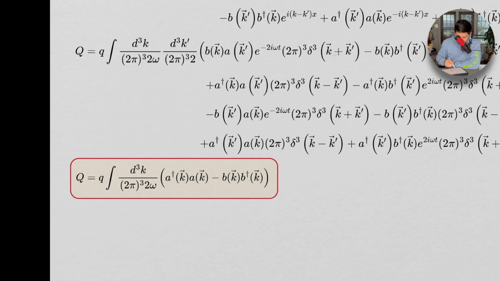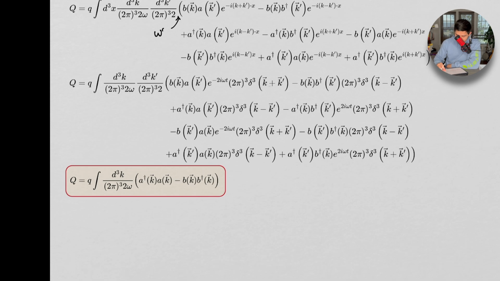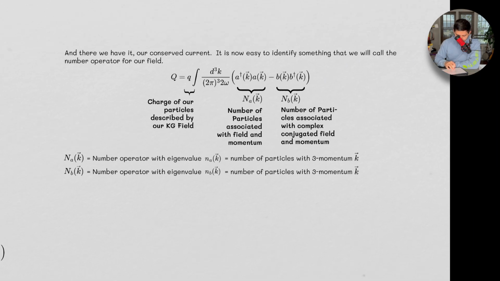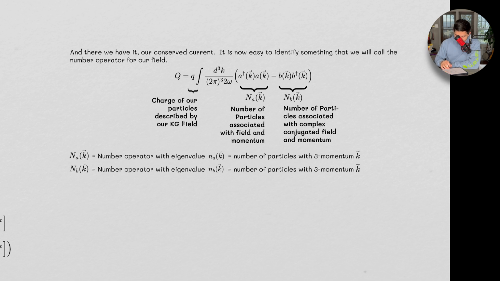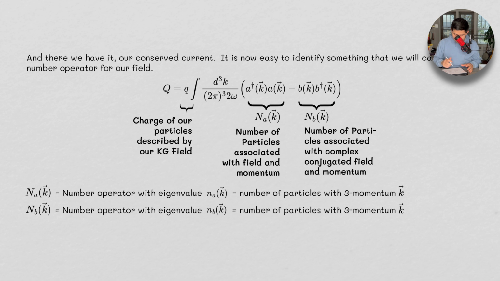So if we look at this, we have our current, right? This is our conserved current, and so we can say some things are interesting here. This thing here, we're integrating over some volume, and when we integrate over this volume, we have something minus something else times this.